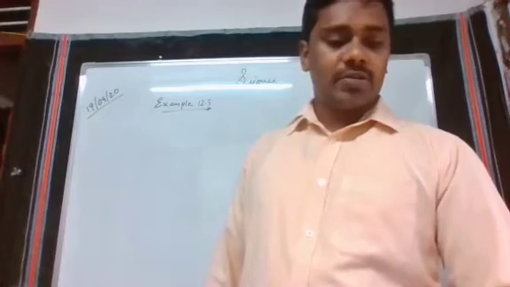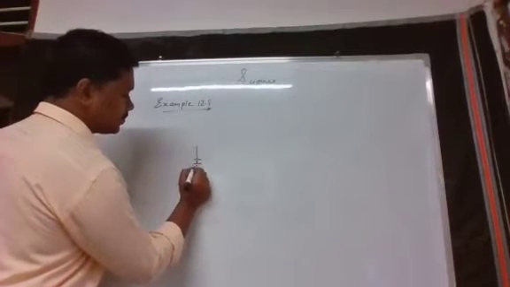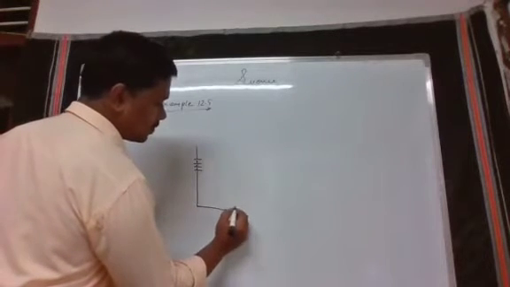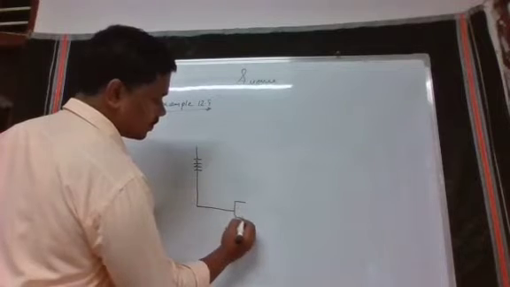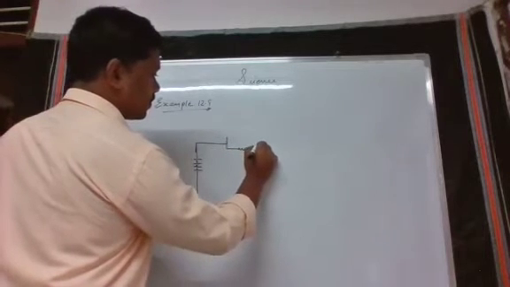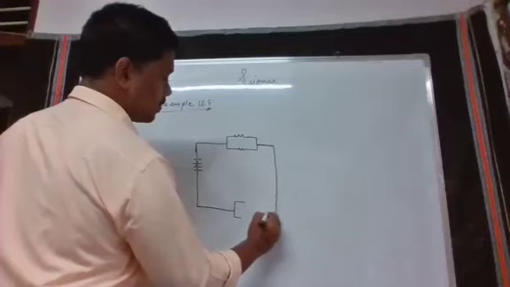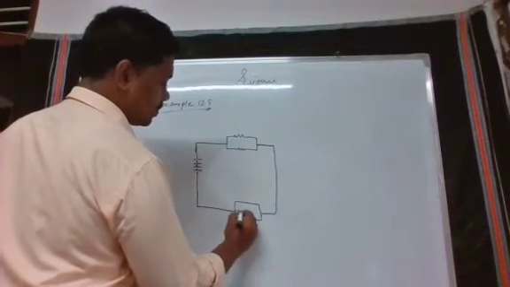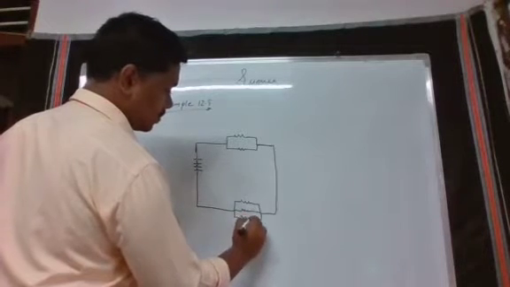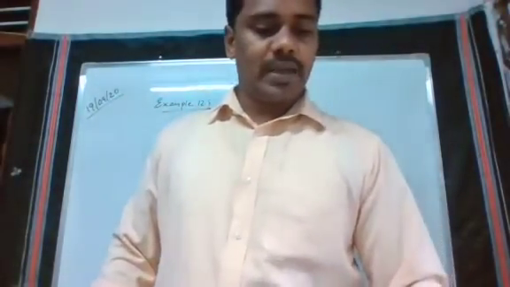Okay, let us draw the circuit. The cell is connected here. Ammeter and a plug key, I think.